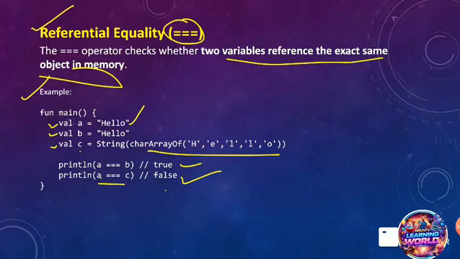As we can see here, C is built from an array of character objects, and A and B are the same.